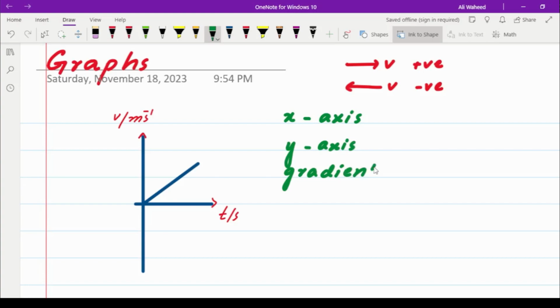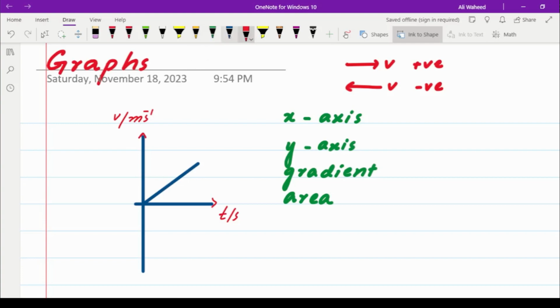So whether it be a curve, whether it be a straight line, if you find the gradient of that line, that curve, you'll be getting some information about the graph. And the last one is the area. Alright, what is the area of that graph? So what is the shaded area representing? Area under the line, area under the curve. So that would also give you some information.